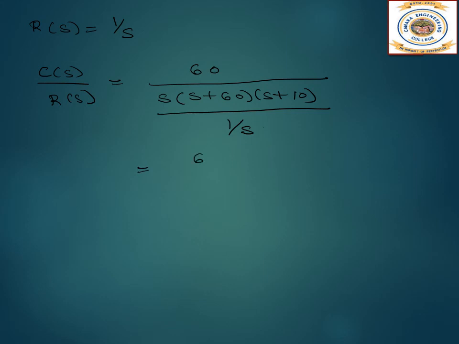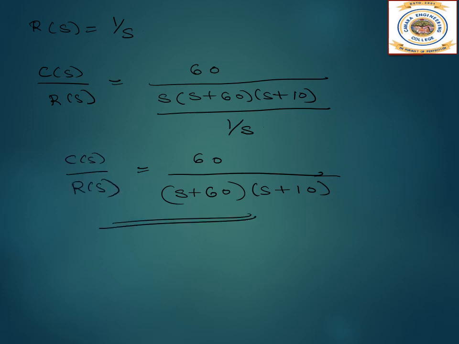So we get 600 divided by S plus 60 into S plus 10. Multiplying this out, we get 600 divided by s square plus 70s plus 600.